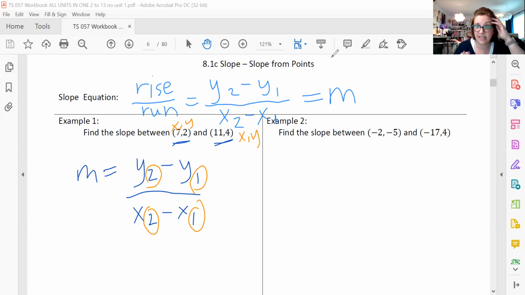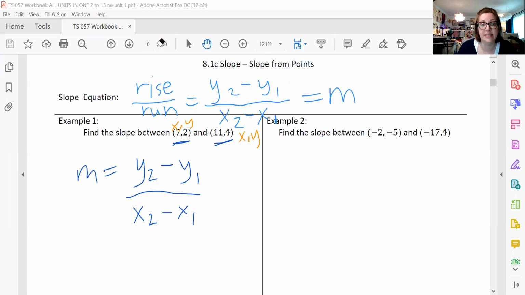And here's the secret: it's going to come out to the same answer whether you have them like this or like this. It shouldn't matter which you make number 1 and which you make number 2. You're still going to get the same answer because the slope is the same between these 2 points.